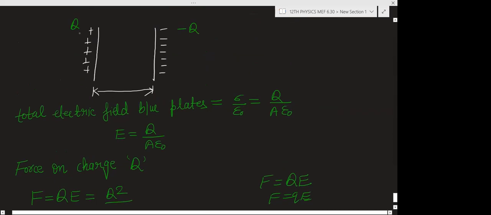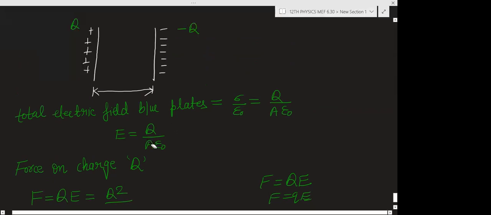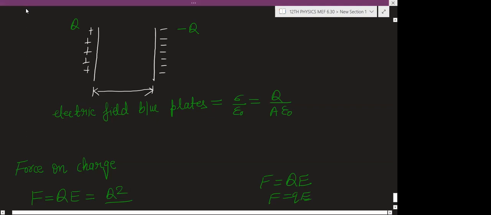For this plate, if I am calculating the, okay, no problem. I want to calculate the force, suppose on this charge plus q. These are two oppositely charged plates and they will attract with the same force F, and this F we have to calculate.